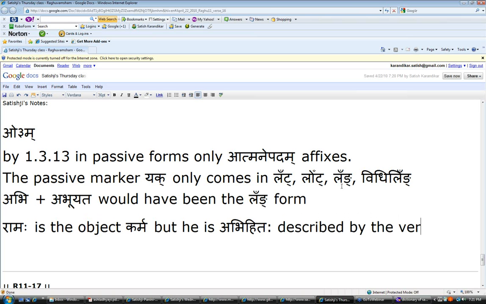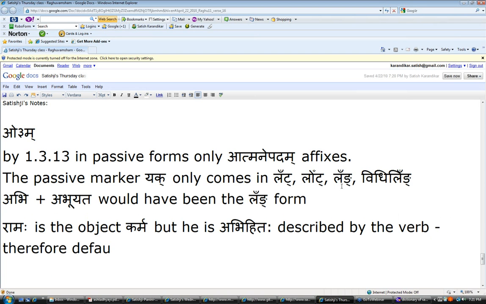Therefore, he will not take the Dvitiya, but he will default to the Prathama, the first case. Every time you do this, next time you won't go through this, because when you have the passive form, this is what happens.